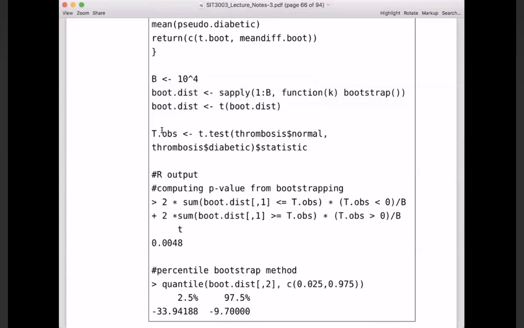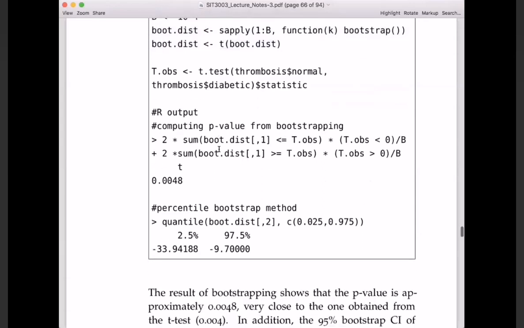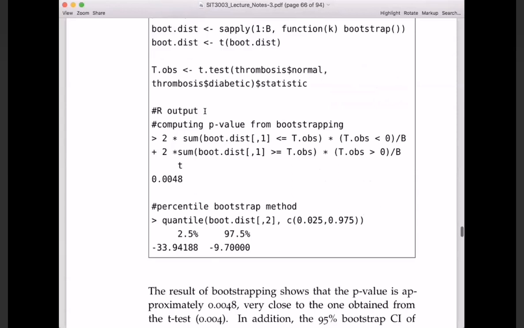This is TOBS, your observed test statistic. Basically, you just run it, and here is your R output. You're computing the p-value from bootstrapping. This is executing the expression that you saw just now in the lecture notes.